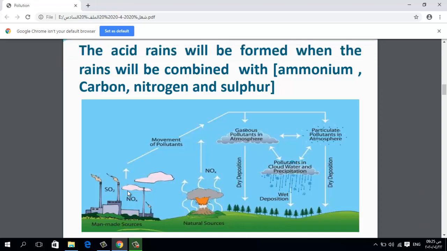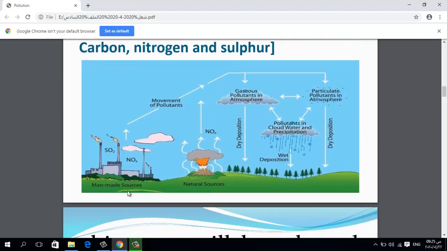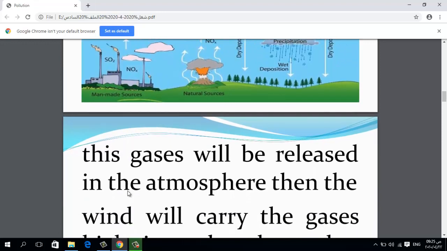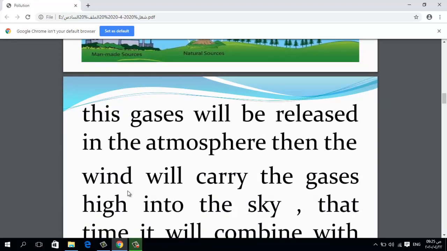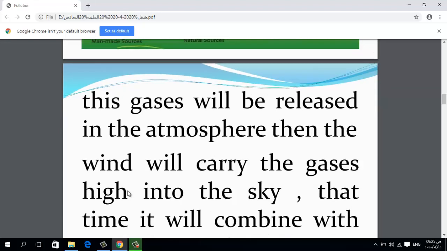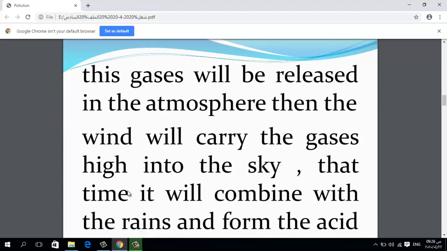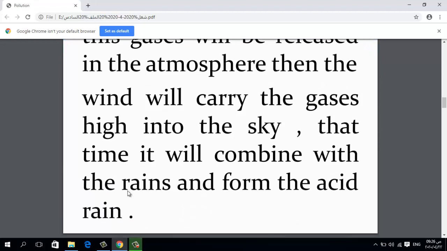It will combine with the rain, so that time the rain is acidic. These gases will be released in the atmosphere and go with the wind, high into the sky. When they combine with the rain, it will form acid rain.